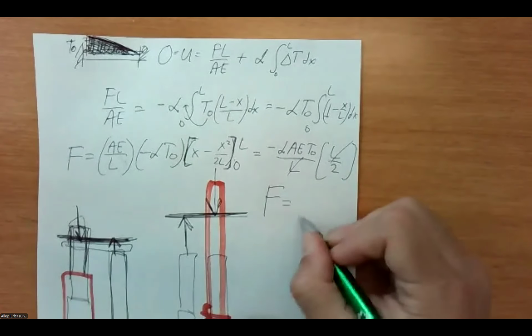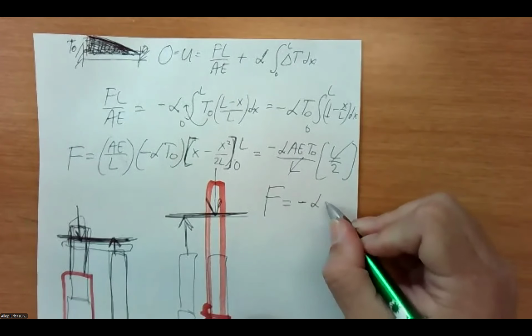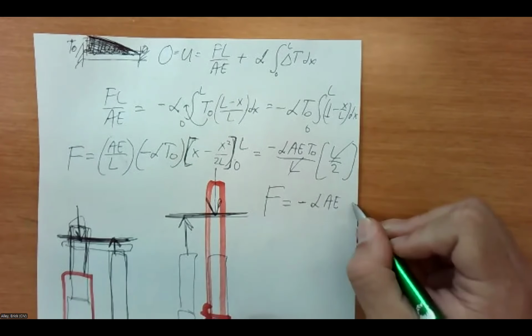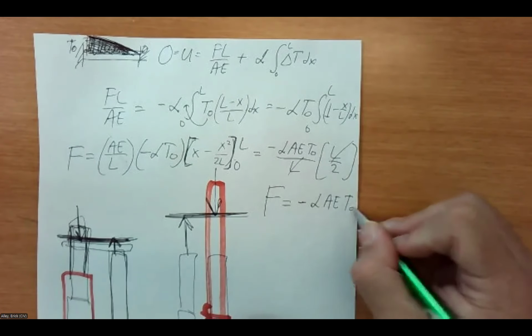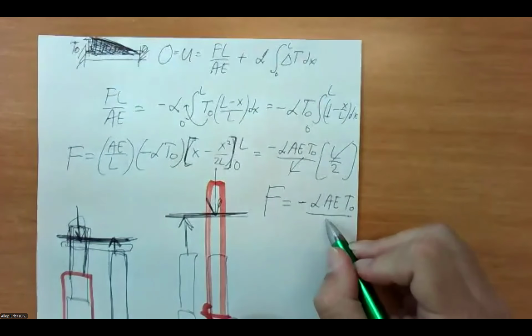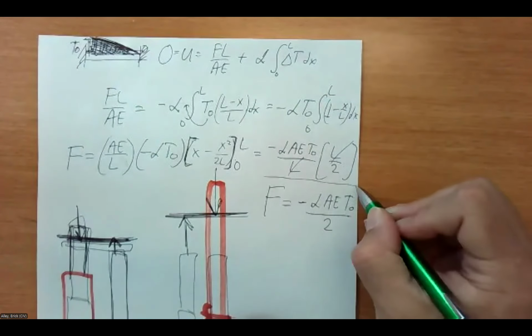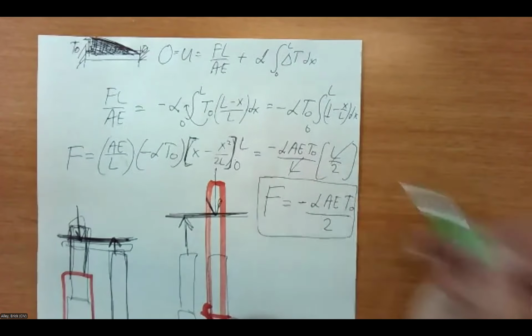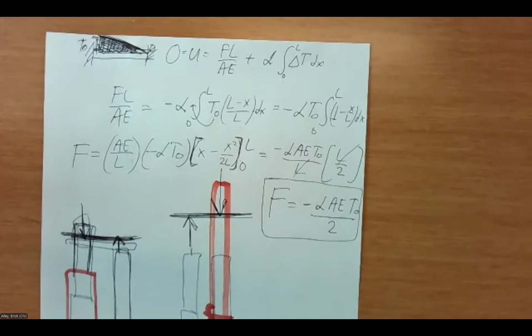So the force that I have generated here is minus alpha AE, my delta T on the left side, the maximum one, divided by 2. So there's what I've got to work with for my force.